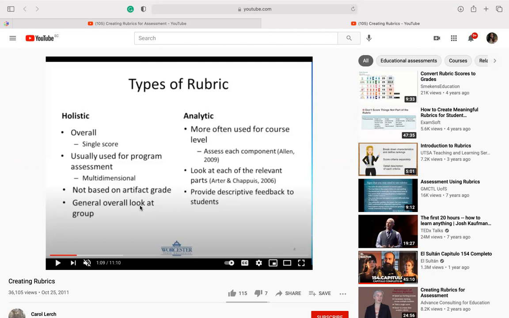Right. And now analytic is more appropriate and more commonly used for classroom-based assessments, for a course in secondary, in schools. So here you want to assess each component, but at different times, all through the school year. You look at each of the relevant parts.